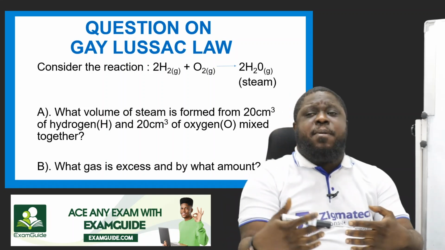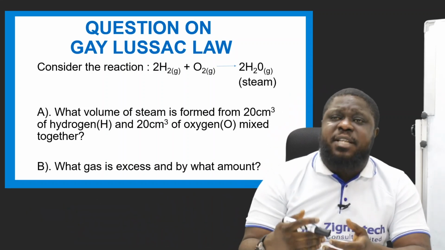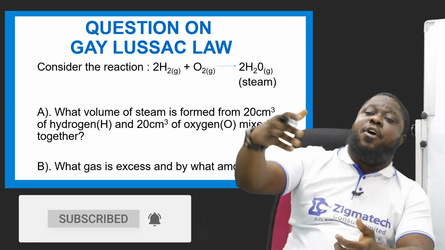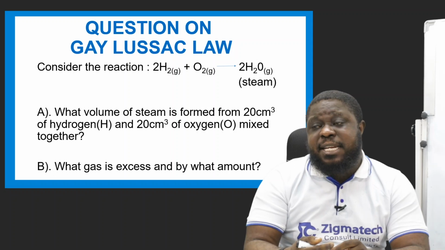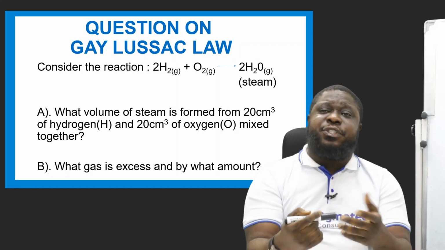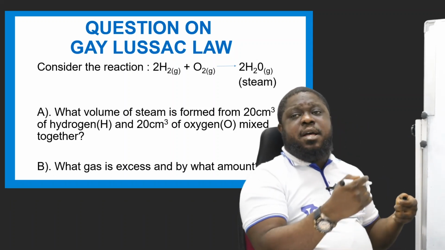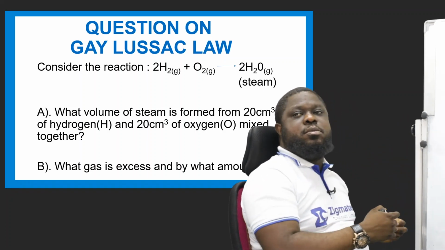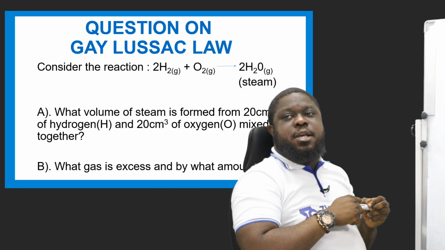Okay, they've given us the volume of hydrogen, which is 20, and the volume of oxygen, which is 20. Now, how do we know the volume of water as the steam? If you check, the ratio there is 2:1:2.